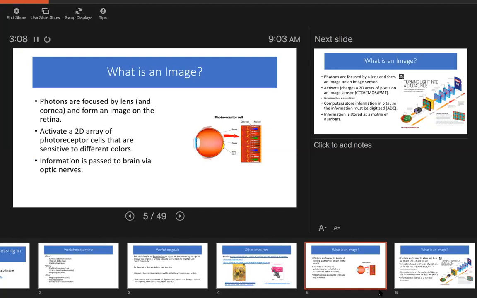It is a 2D array of photoreceptor cells, and these photoreceptor cells are, I'm simplifying here, of course, but generally speaking, sensitive to different colors. And so this information in multiple colors, actually 3 colors, in our retina is passed to the brain via the optic nerves, and there it's processed, right? And we do our processing in our brain. So this is an image of how we see the world.